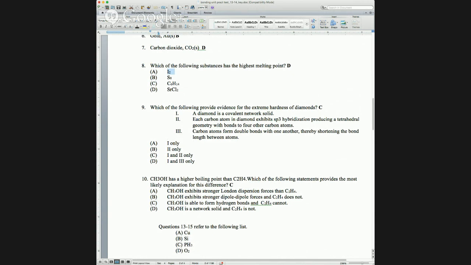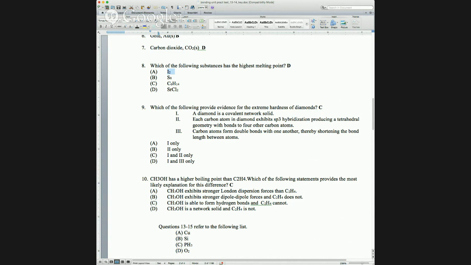So it has van der Waals forces, that is a large induced dipole. So, hey, that's great. That can be in contention. S8, that's a pretty non-polar molecule, but it's even bigger, right? So that one probably is even higher. Definitely looking at S8 being stronger than I2, maybe. I mean, I2 is pretty close, pretty big.